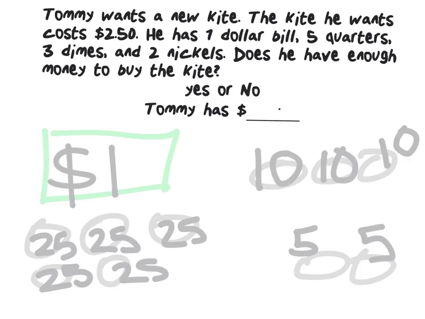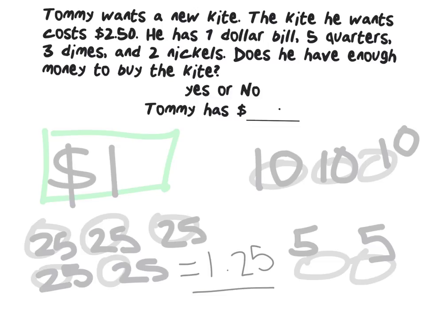So first we're going to count our quarters. We have 5 quarters, and we know 25 plus 25 is 50 cents, another 25 is 75, and another 25 is $1. And by adding that last 25 cents, we are going to get $1.25 in change of quarters.